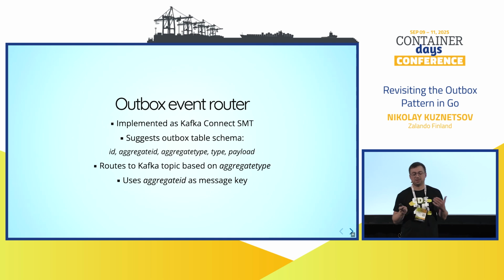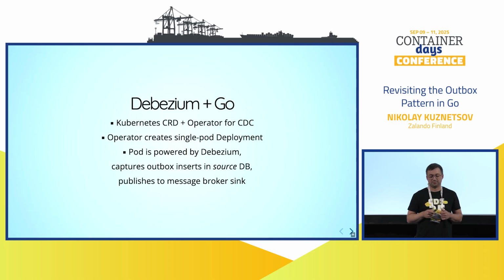It guides you on how to create the proper outbox table, and then certain fields would be used to route to a specific Kafka topic, and a certain field would be used as a message key when published to Kafka. But if you don't use Kafka, then you can do similar things yourself with Debezium.